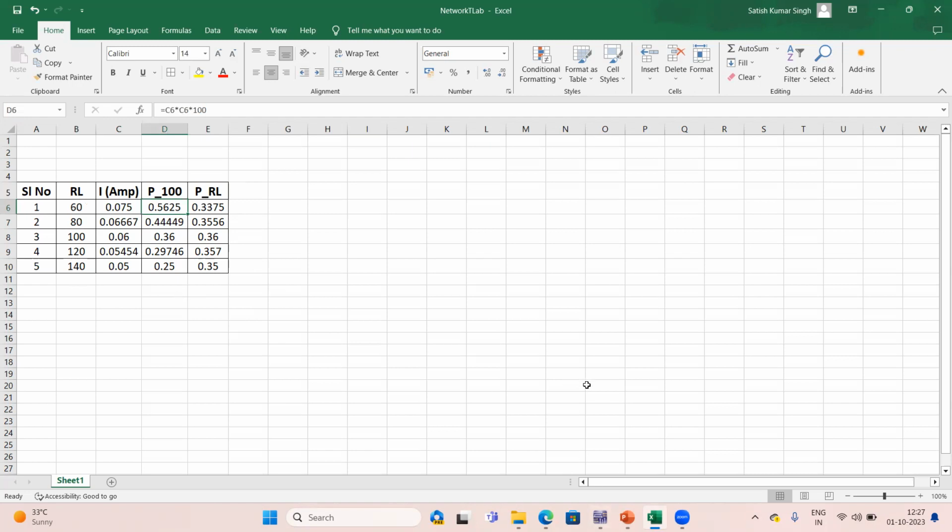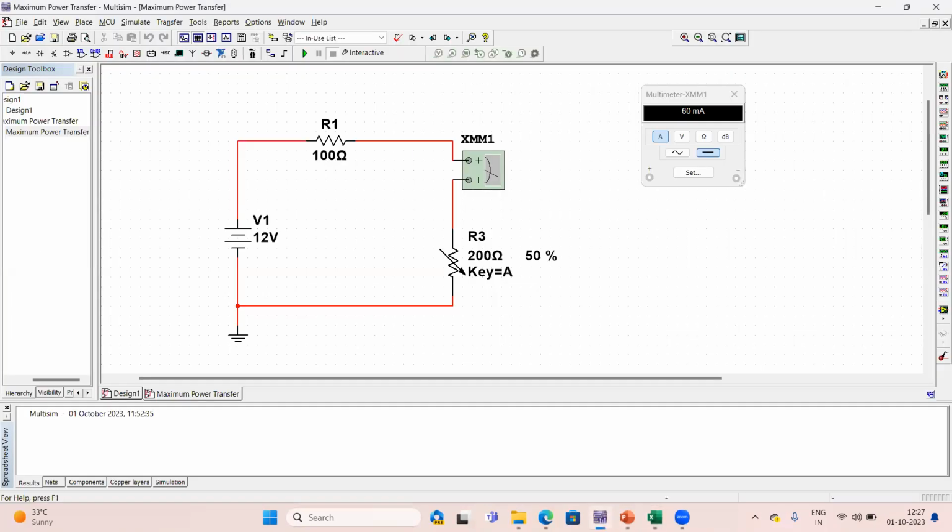Here you can see that if we choose RL equal to 100 ohm, I'll just change this value. Right now it is 50%. If I make it 40%, it will be 80 ohms, and if you make it 30%, it will offer a 60 ohm resistance, right? Once we execute this circuit, you can measure the current.